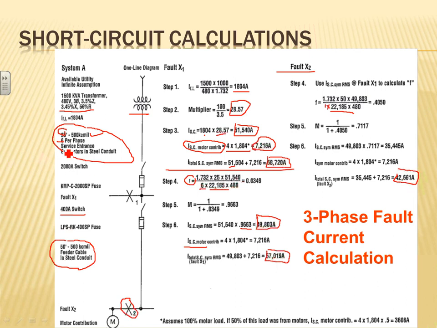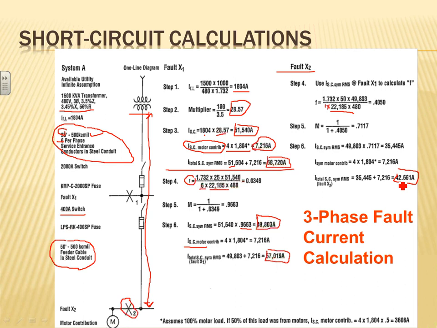My point is, guys, from this point, 25 plus 50, that's 75 feet away from the transformer. You knock down the 3-phase short circuit from 58.7 to 42.66 because of the impedance of the cables. So I thought this is a really good example.